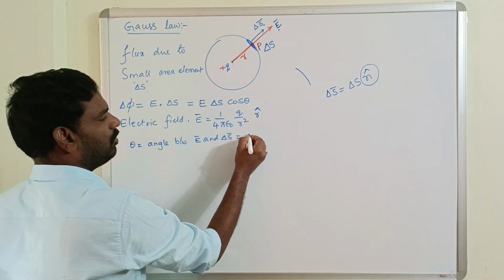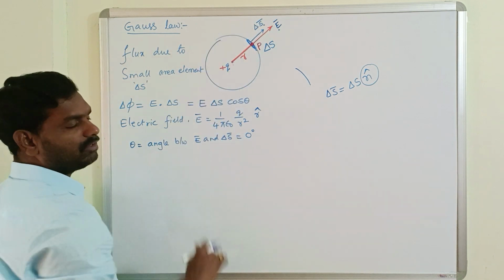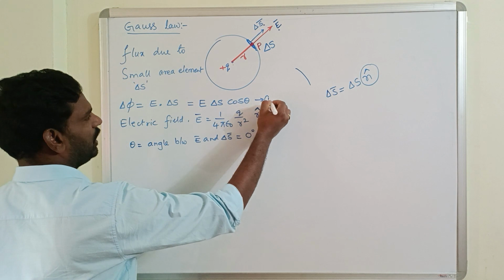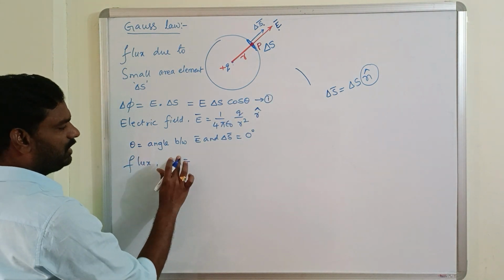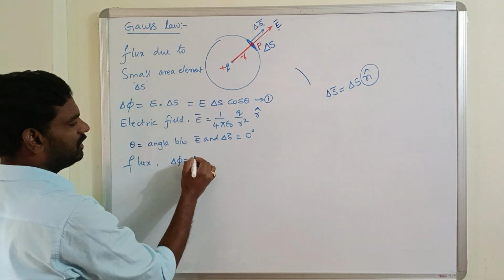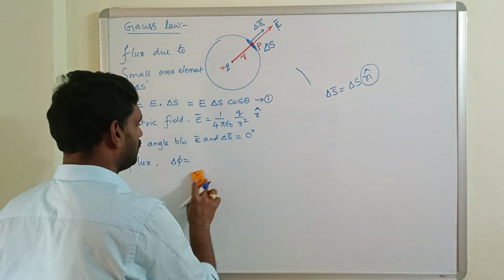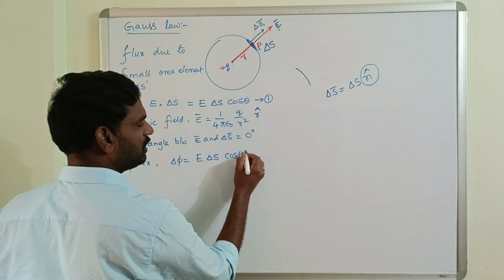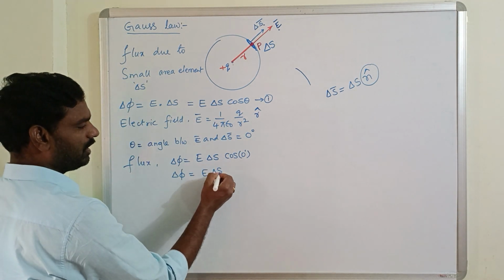How much is it? 0. The angle is 0 degrees; they are parallel. Now from equation 1, the flux due to the area element, delta phi, is equal to E delta S cos theta. So I write E delta S cos 0. Cos 0 is nothing but 1. So the flux due to the area element equals E delta S.